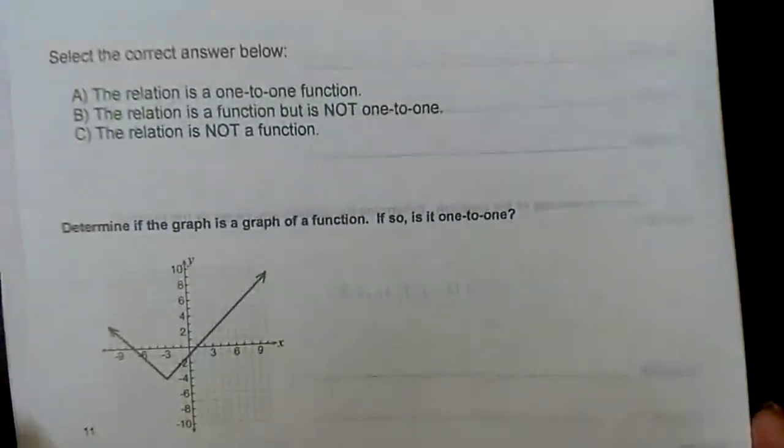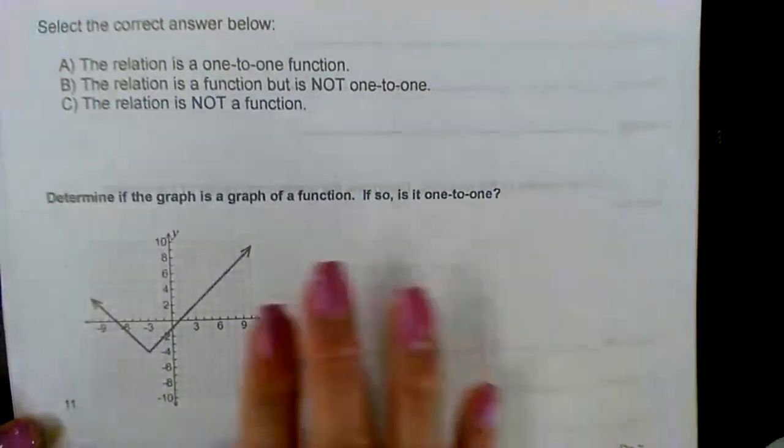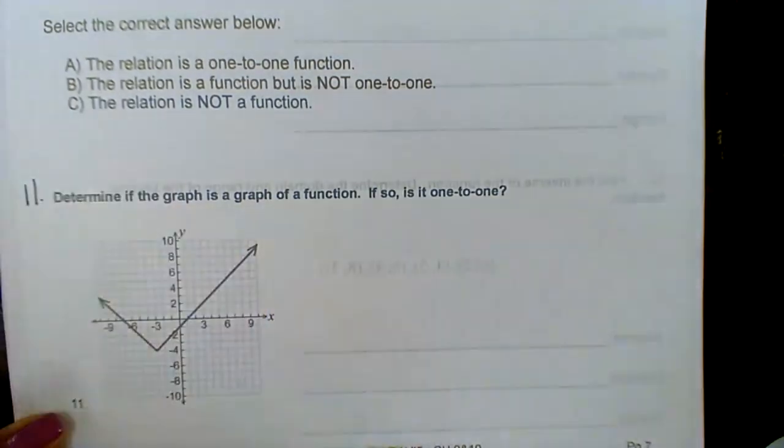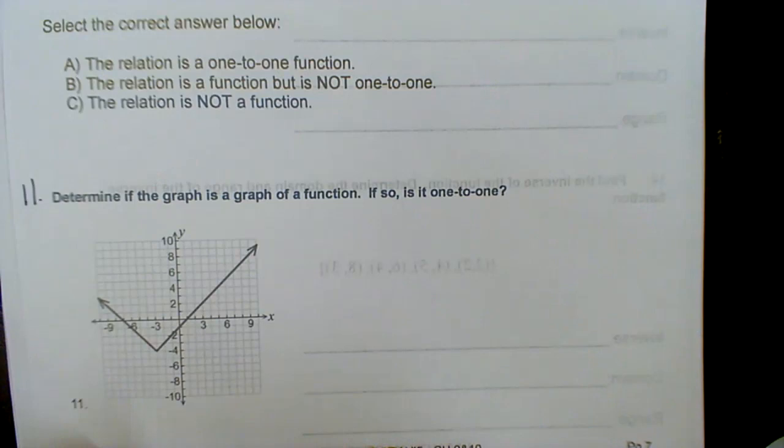All right. Number, oh, this is 11. Number 11 says determine if the graph is a graph of a function. What do we do? The vertical line test. That's what we do.